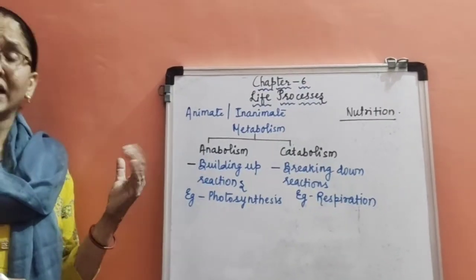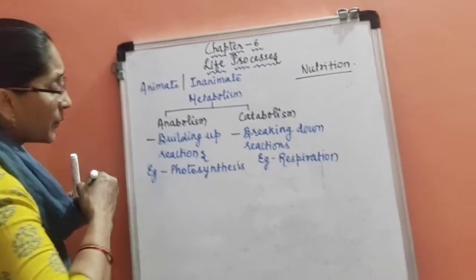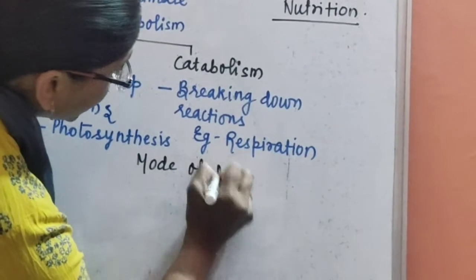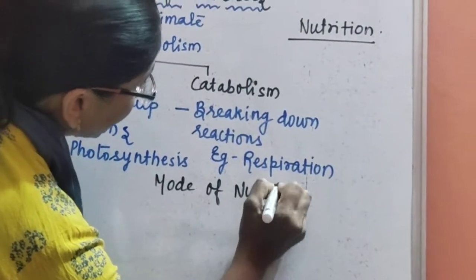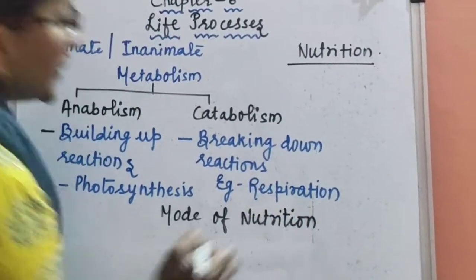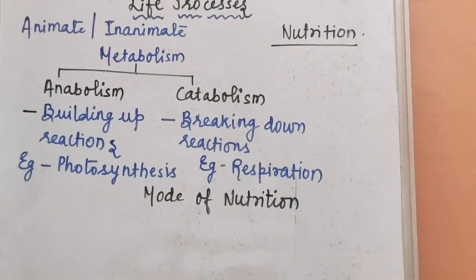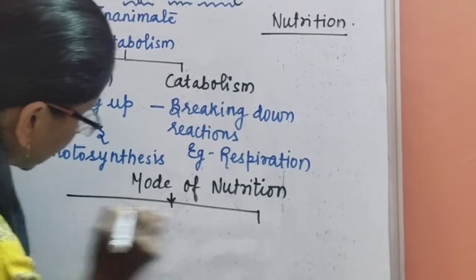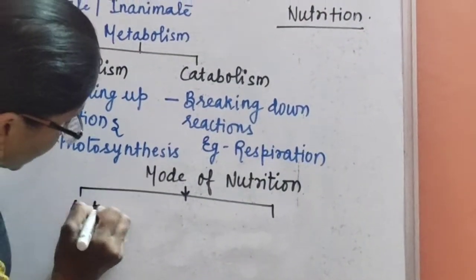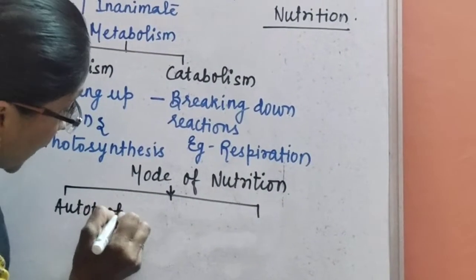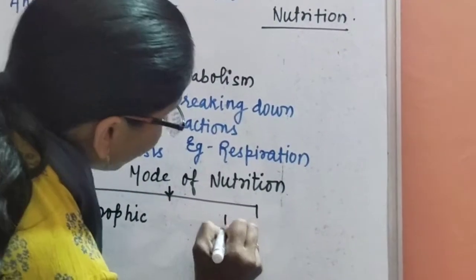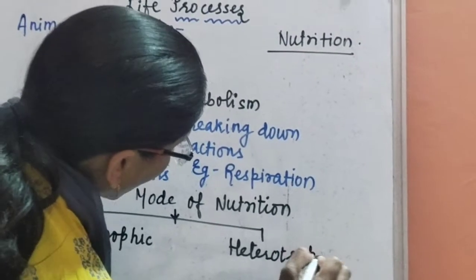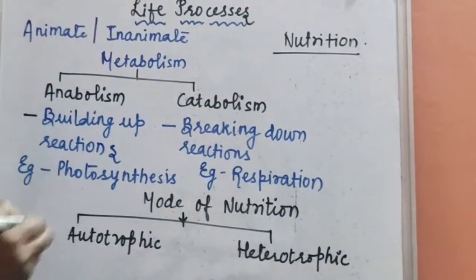Moving on to the mode of nutrition. The mode of nutrition means the methodology of nutrition, that is how the organisms take up the nutrients and utilize them to carry out various activities. The mode of nutrition adopted by organisms could either be autotrophic or heterotrophic.